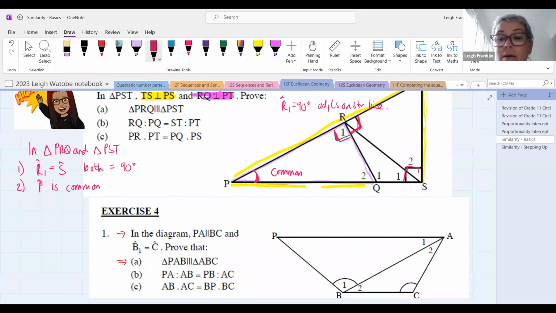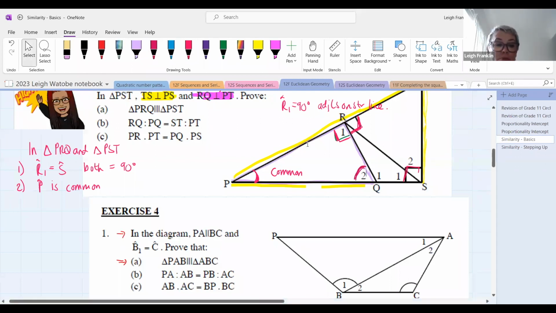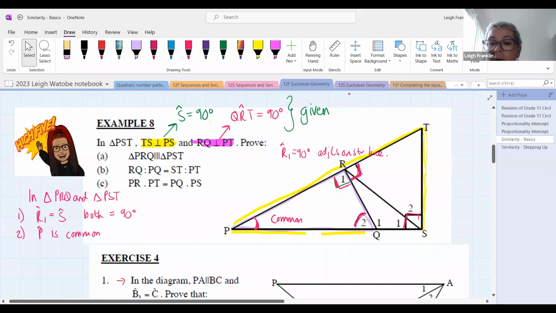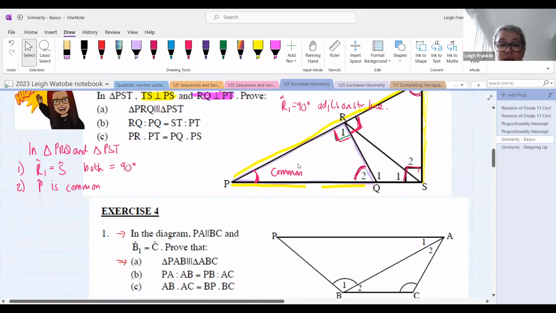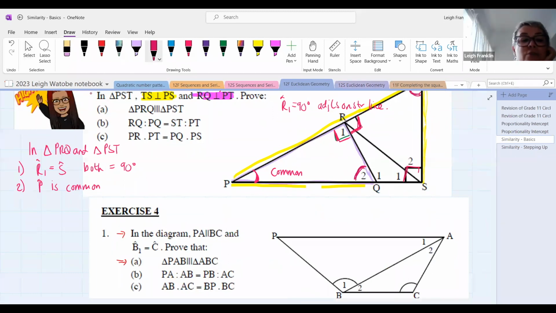What's left over? It's going to be this angle over here, Q2 in the purple triangle, and it's going to be angle T in this triangle over there. Because the angles of a triangle add up to 180 degrees, it means that these two angles have to be the same size. So we're allowed to write that angle Q2 equals angle T because of the angles of a triangle adding up to 180 degrees.